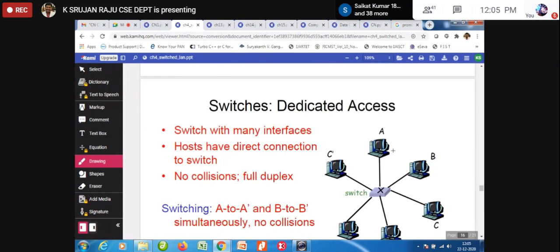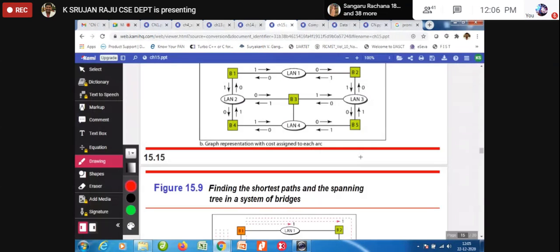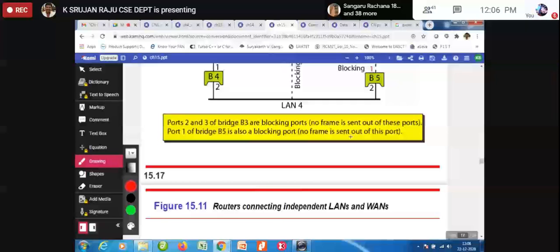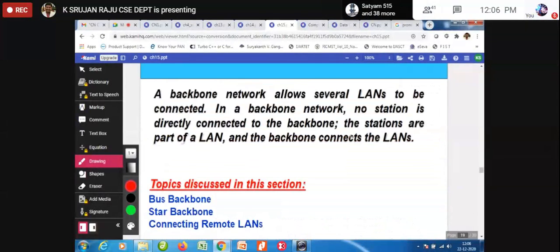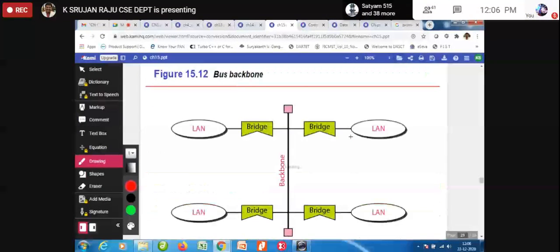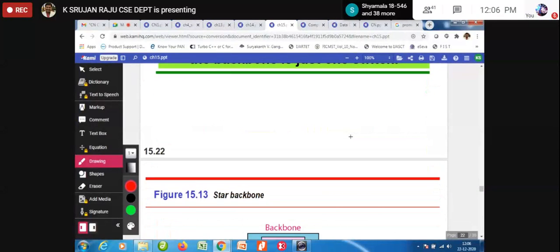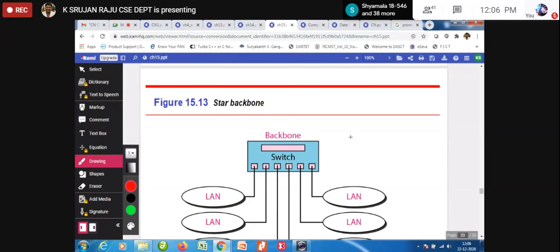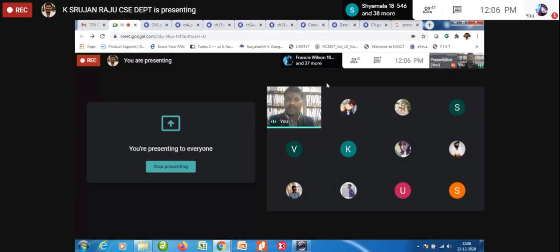So this is exactly what happens in switching, and this is how you create your backbones. I hope every one of you has understood this concept. Very interesting. Any doubts?